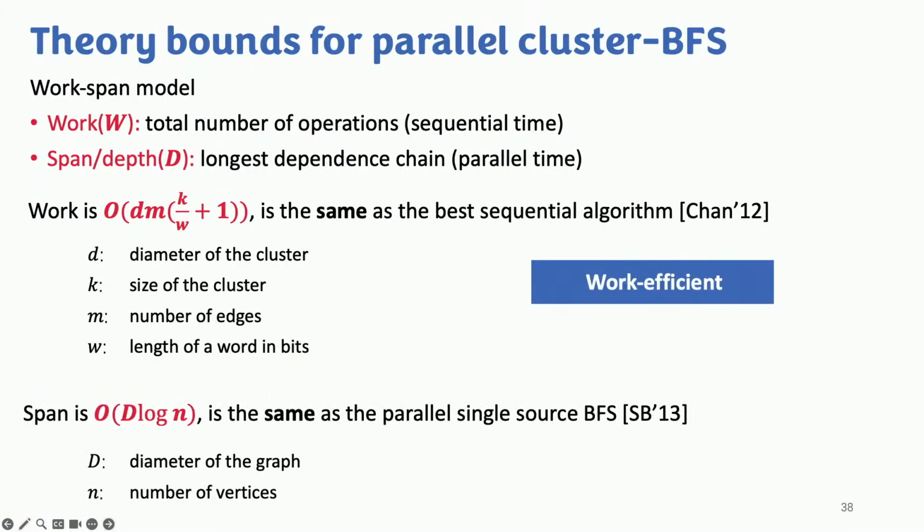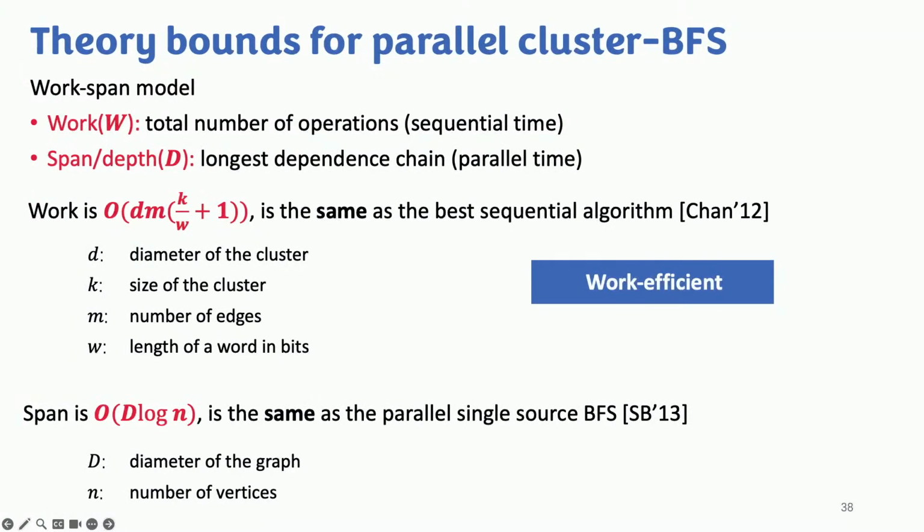And the span of the parallel Cluster-BFS is D times log n, where D is the diameter of the graph and n is the number of vertices. And it is the same as the single source parallel BFS. And let's imagine that if you choose a cluster with size w, or say log n, and they are very close to each other, which means the D is a very small constant, such as 2.